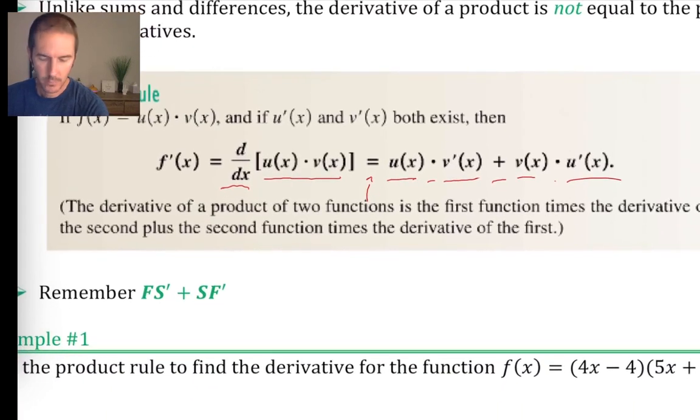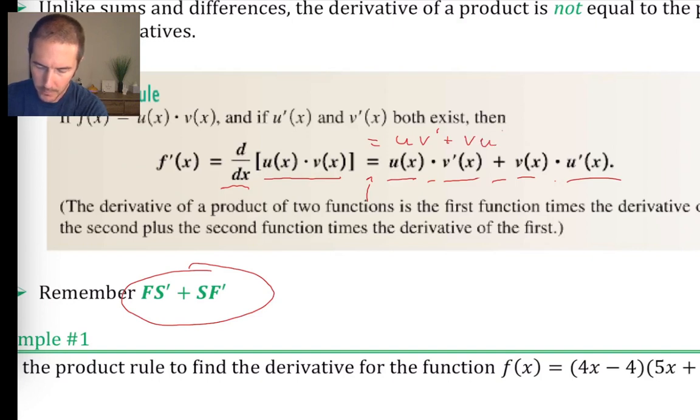This is maybe a more consolidated way to write that. I don't know why we're writing it with F's and S's instead of U's and V's. I think maybe a better way to write this would be to say that this is equal to U times V prime plus V times U prime.